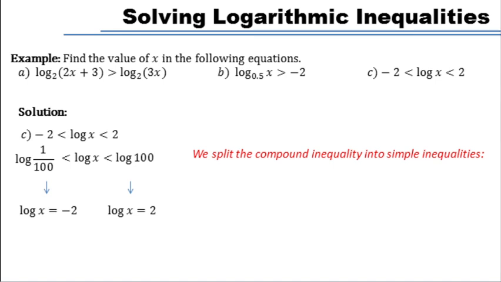Then, we split the compound inequality into simple inequalities, which is logarithm of 1 over 100 is less than logarithm of x, and logarithm of x is less than logarithm of 100.